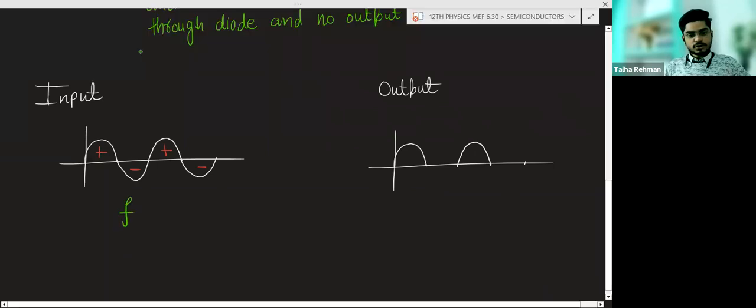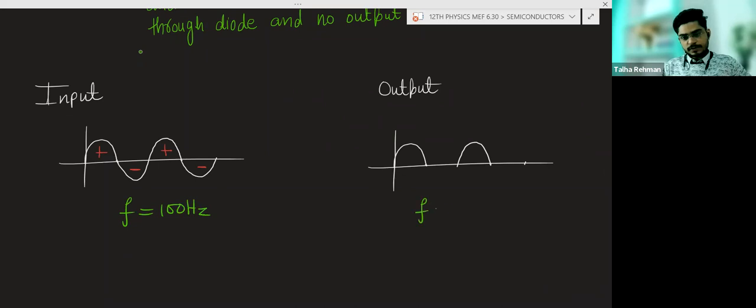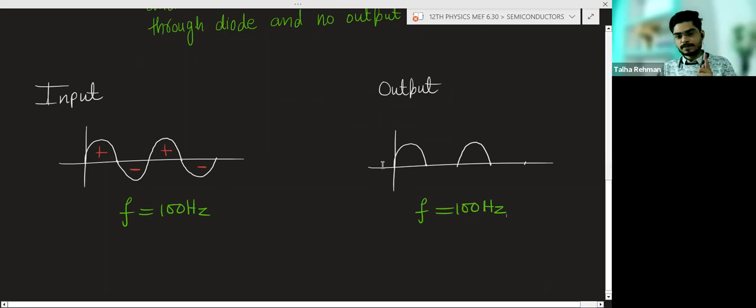So if the frequency of the input is, suppose, 100 hertz, the frequency of the output will also be 100 hertz. Frequency means the number of waves in 1 second. From here to here, suppose there is 1 second, so one wave is completed. From here to here, suppose 1 second, one wave is completed here also.